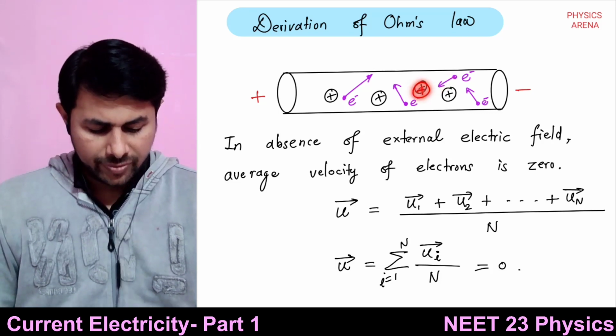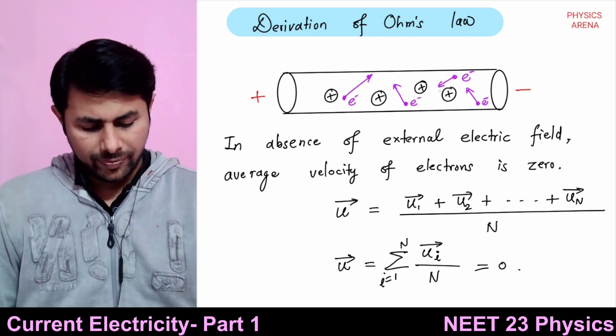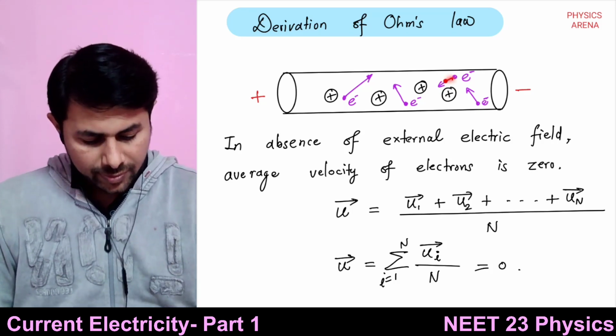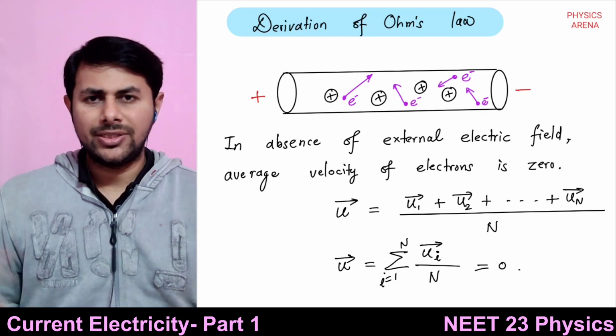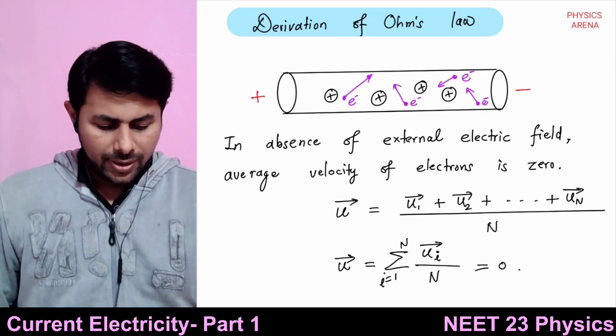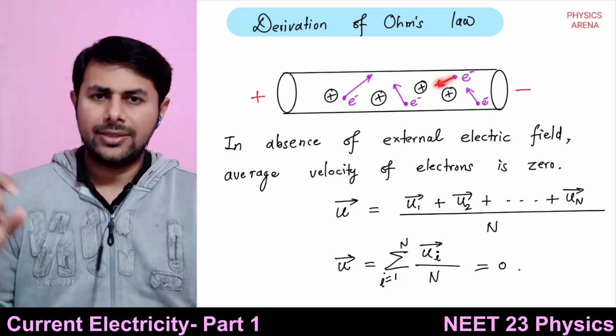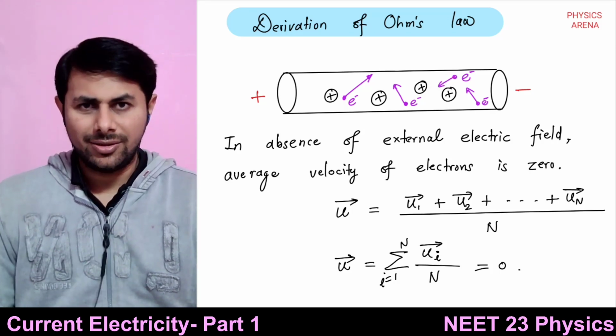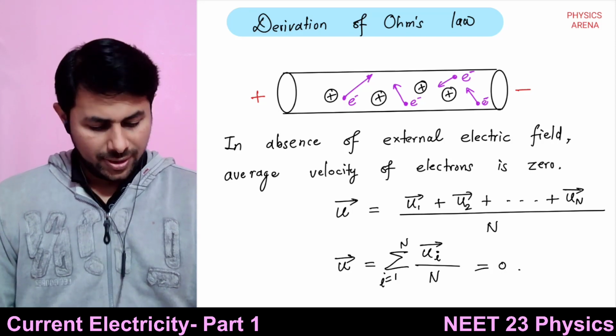Then it collides with this ion. So its direction of movement will change. Initially, suppose it had some velocity. Now its velocity will change completely, right?